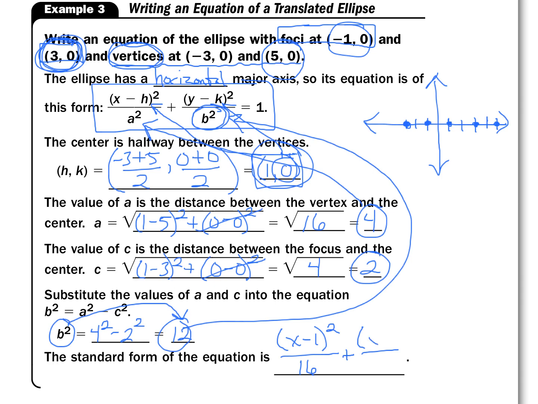Well, y minus 0 is just y squared over, and then b squared was 12, equals 1. Don't forget the equals 1.